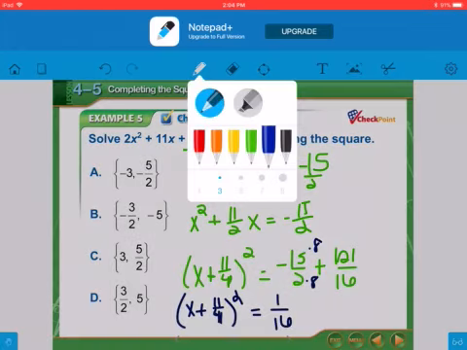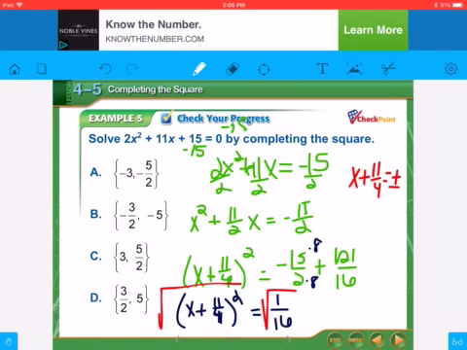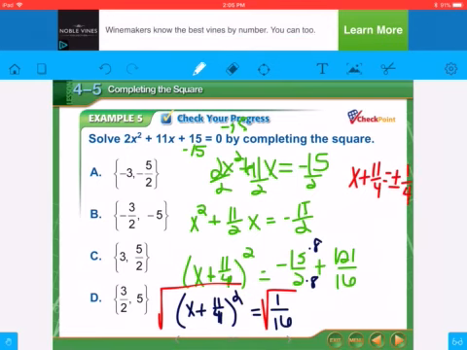Okay, so then now to solve by square root, I'm going to take the square root of each side. So I get x plus 11/4 equals plus or minus the square root of 1 over the square root of 16 is 1/4. And now we can subtract 11/4 from each side.